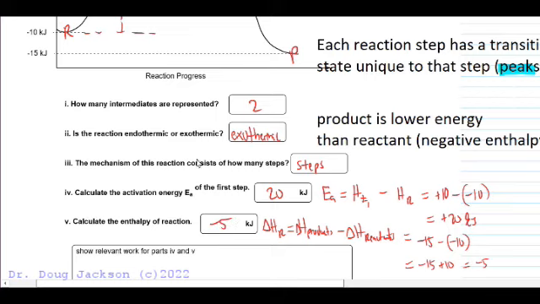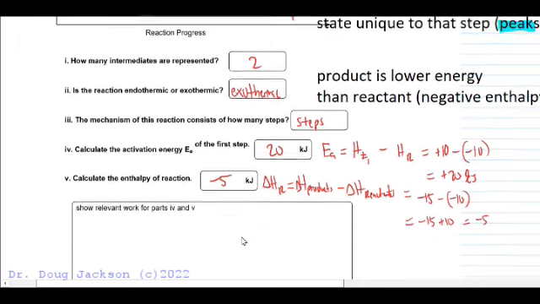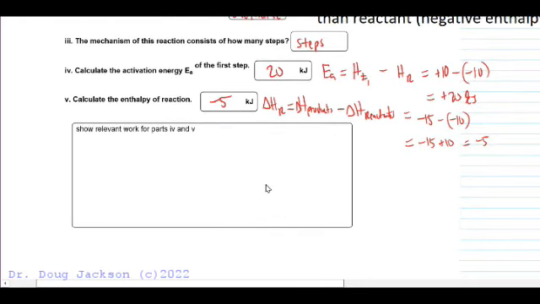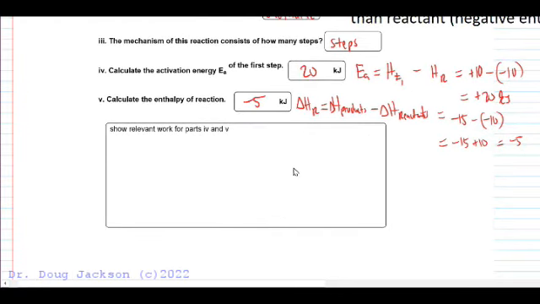That's pretty good because we predicted it was exothermic by inspection earlier, and we do indeed get negative 5 kilojoules. We should show our work in the box there, so make sure that ended up in the box in your final answer.